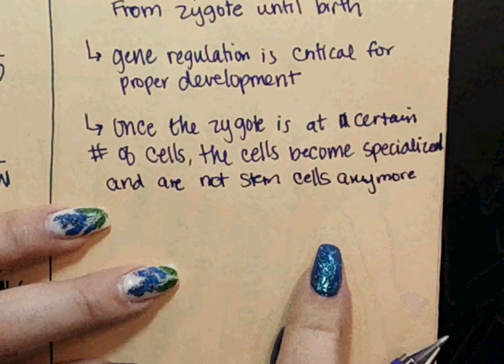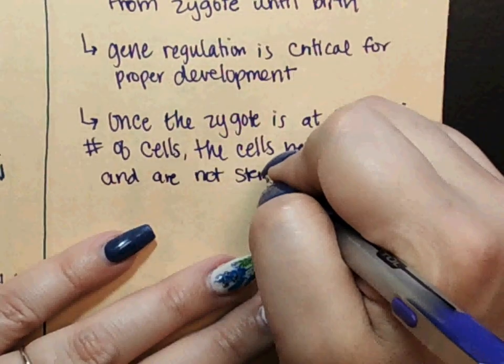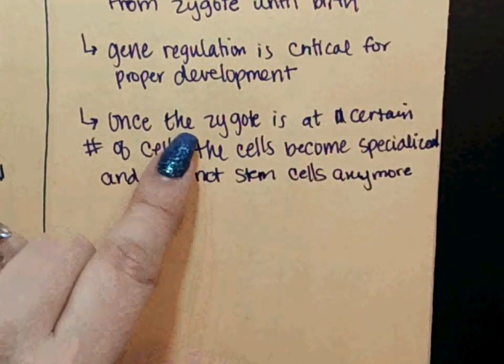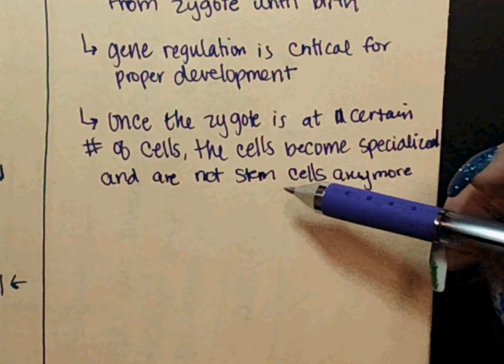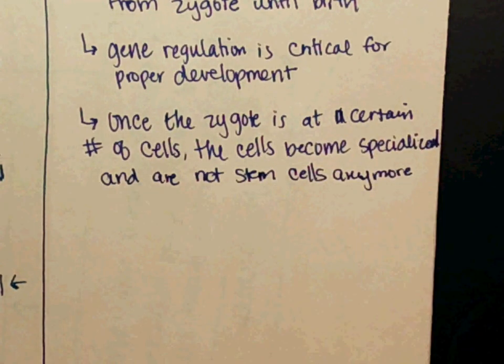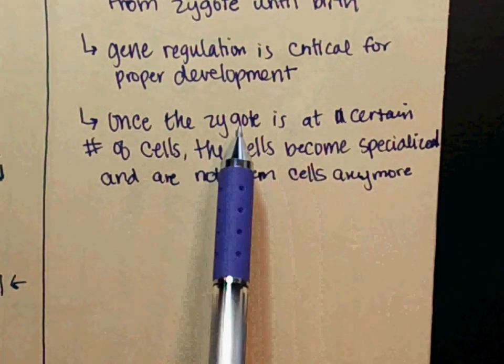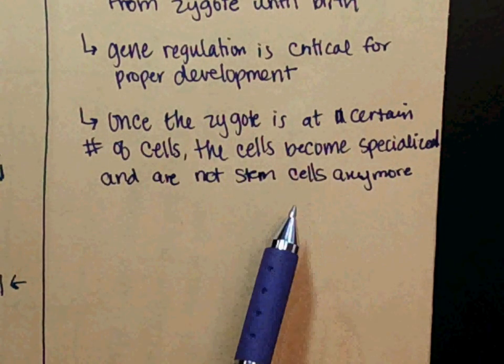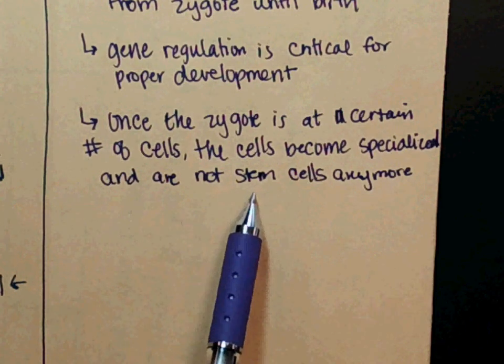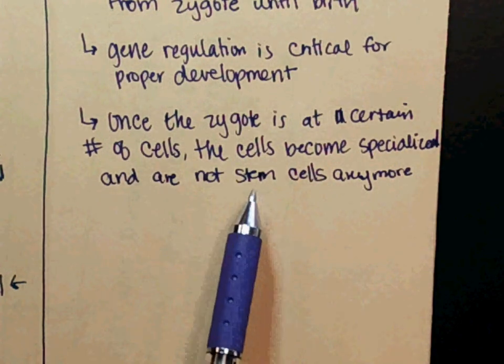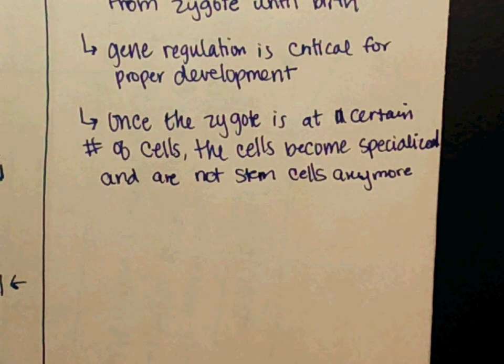So the idea behind stem cells is that they are cells that can be any other part of the body. They can become any type of tissue. But at a certain point in the zygote's development, those cells are going to turn off genes and only focus on the genes that they're supposed to be.